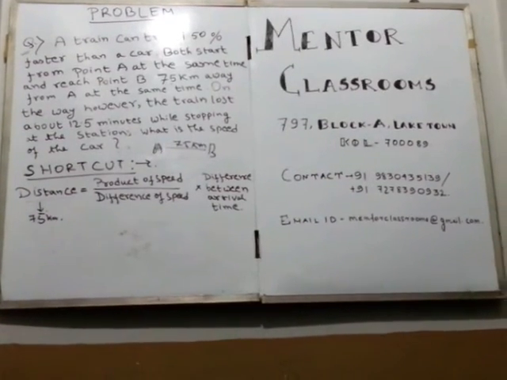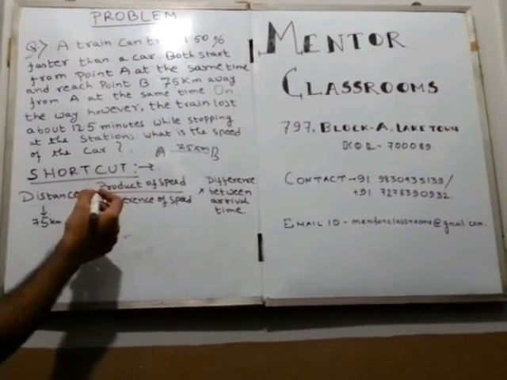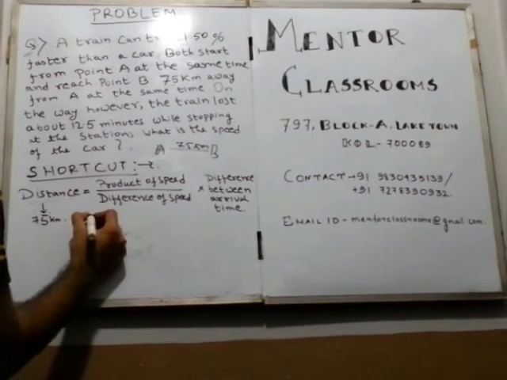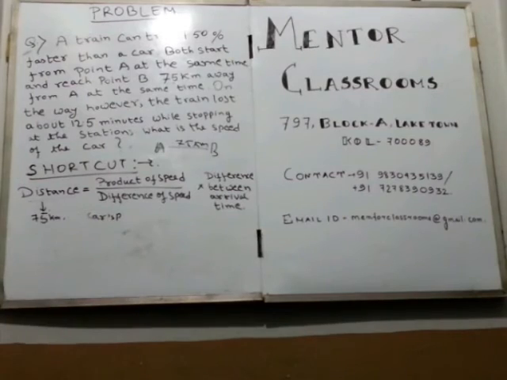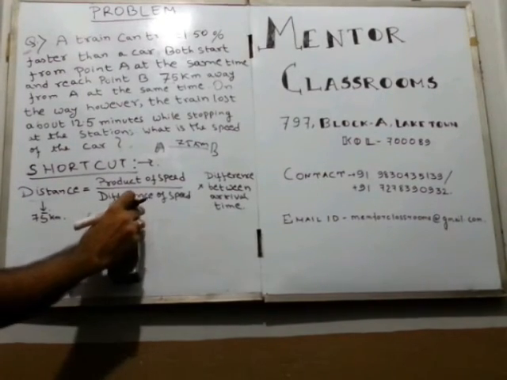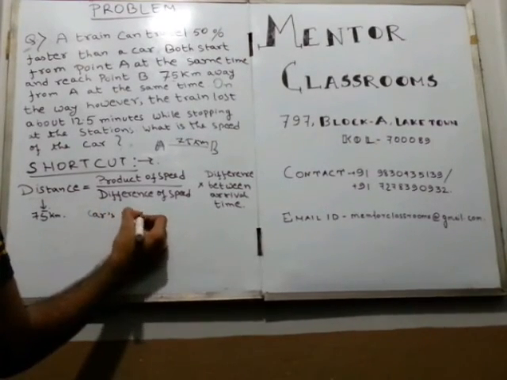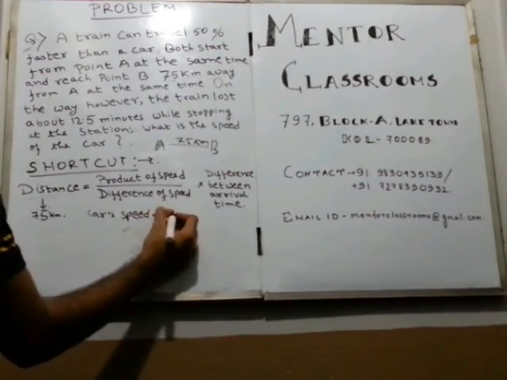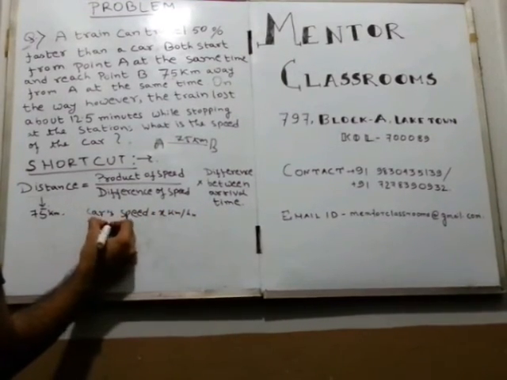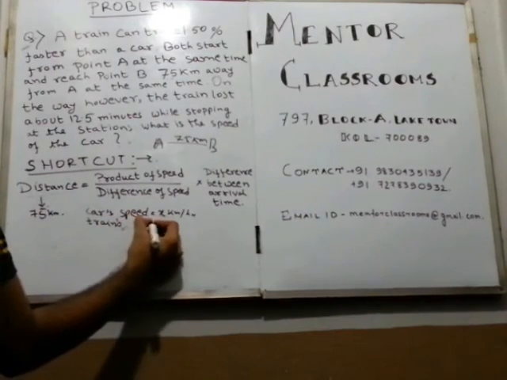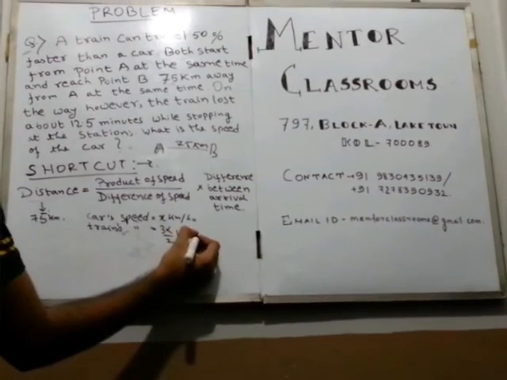Now, as you know guys, previously we have assumed the car's speed as x. Car's speed is x kilometer per hour and train's speed is 3x by 2 kilometer per hour.